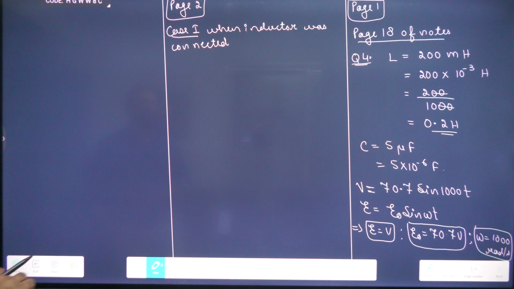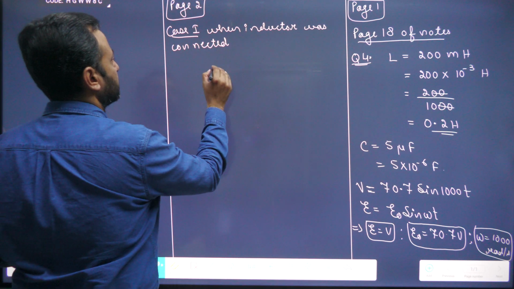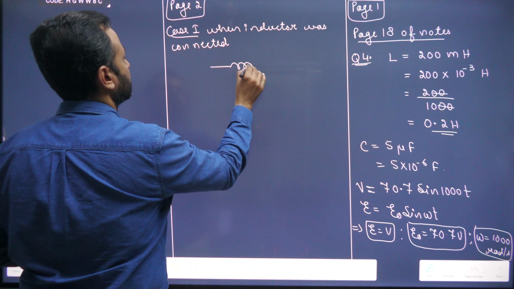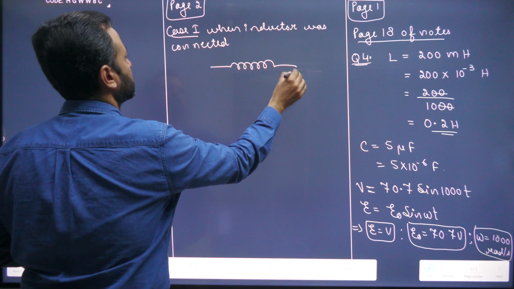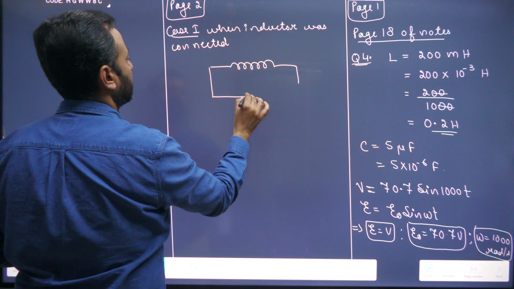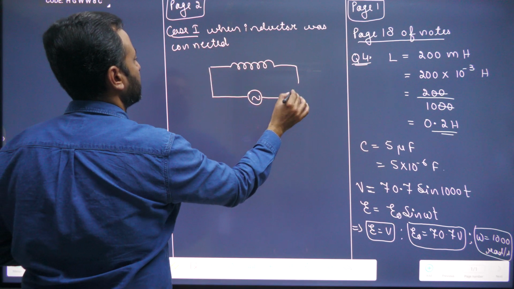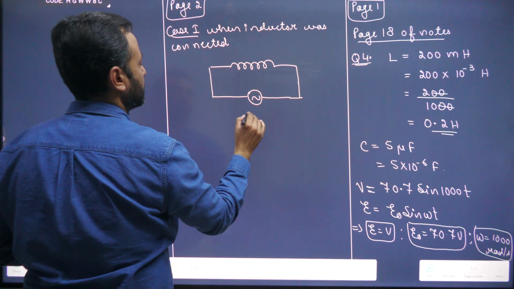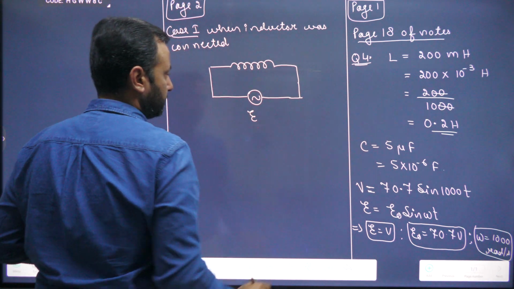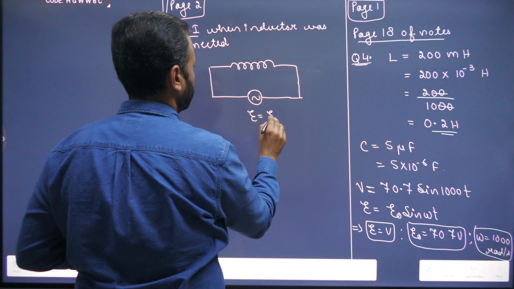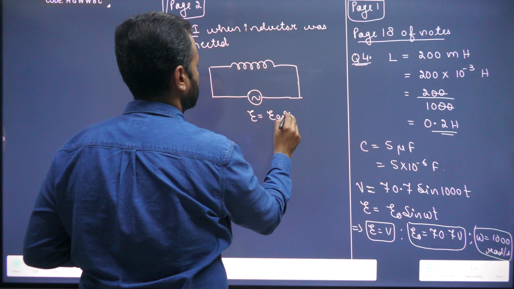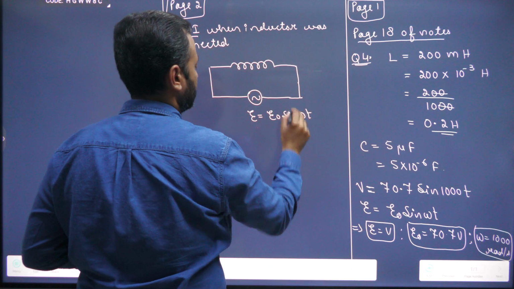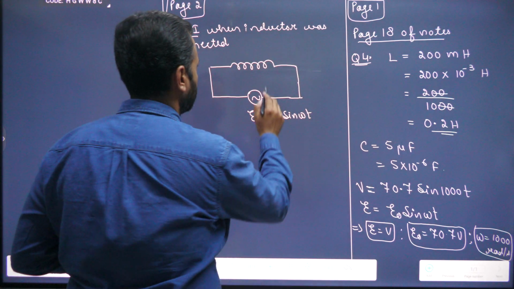So when the inductor was connected, then the circuit will look like this. This is the inductor, and this is an alternating current AC voltage source. So E is equal to E naught sine omega t.